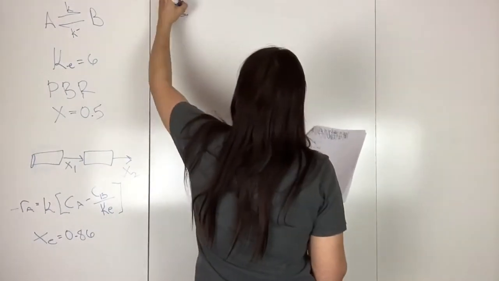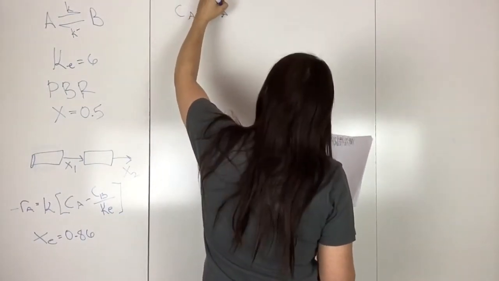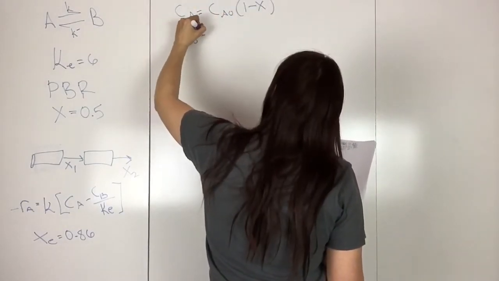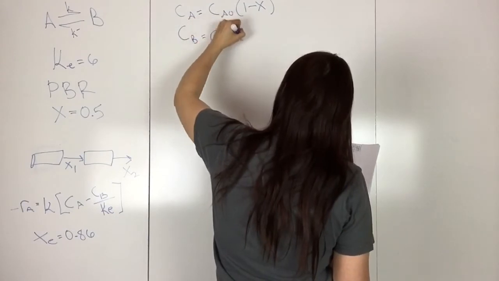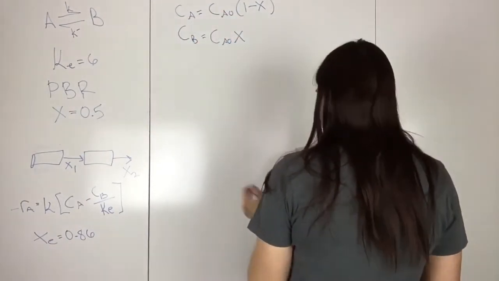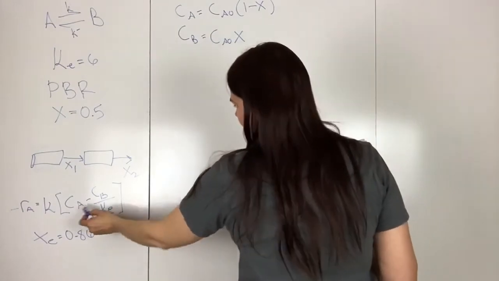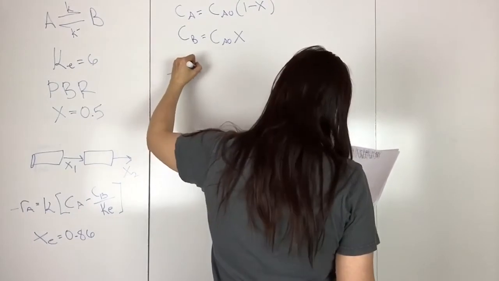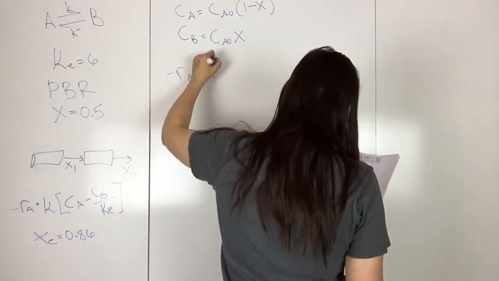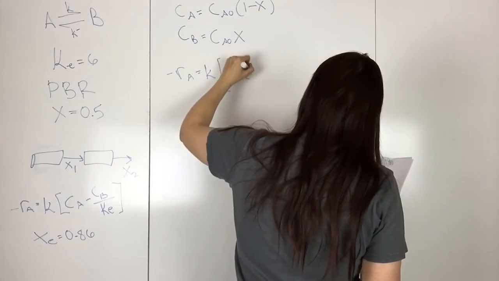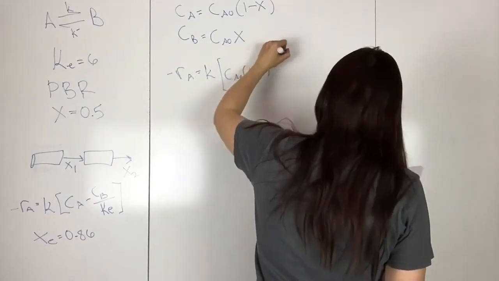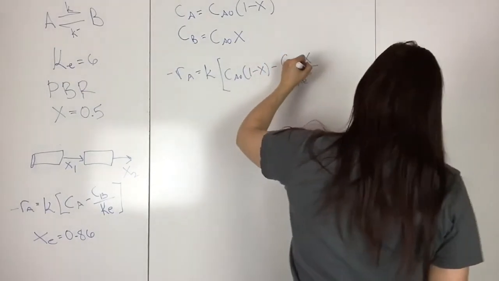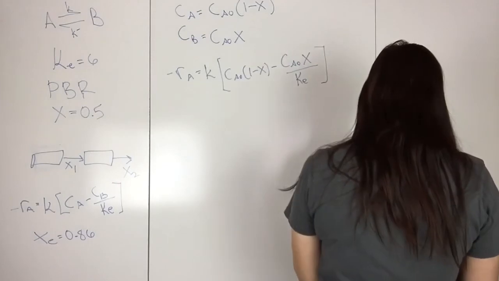So we know that Ca was equal to Ca naught (1 minus x). Cb is equal to Ca naught x. And so if we plug these into the rate law, we get minus Ra is equal to k (Ca naught (1 minus x) minus Ca naught x over Ke).